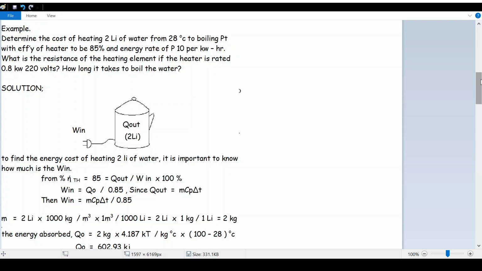Required here is the resistance of the heating element, the cost of heating, and the time for the 2 liters of water to boil, how long it will take.